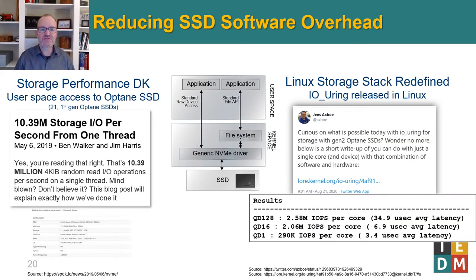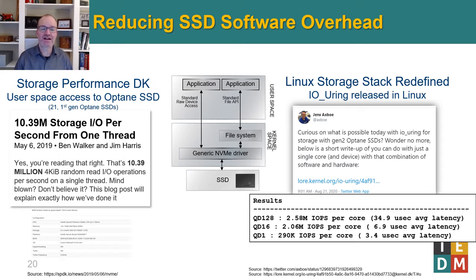Okay, so the same stack diagram in the middle. On the left-hand side, you can see something called the SPDK, the Storage Performance Developer Kit. This is software written by Intel and made available to everybody as open source. You can see that they're able to get over 10 million storage IOs per second from a single thread. That means from a single CPU, they're able to get that many IOs.